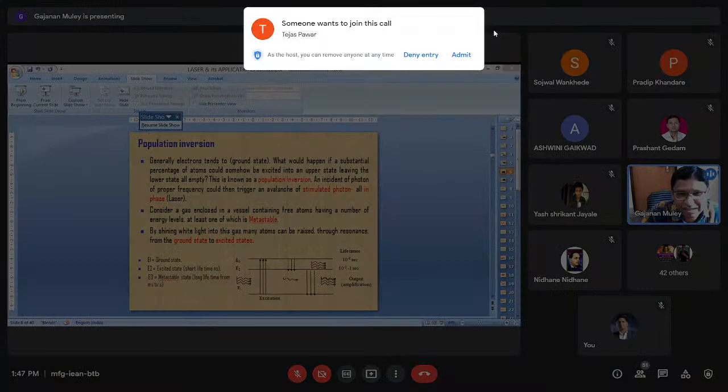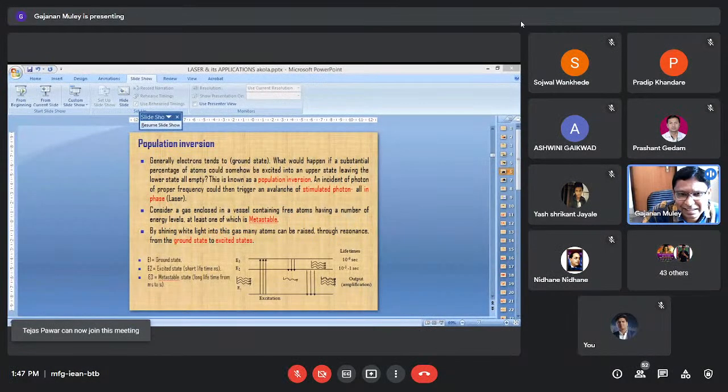Once your electron is excited from the ground state E1 to the higher energy level E3, it will emit some energy in the form of either a photon or heat, and it will come to the energy level E2.